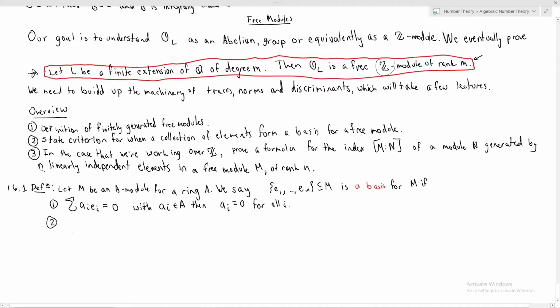The second condition is a spanning condition: M is generated by this collection.